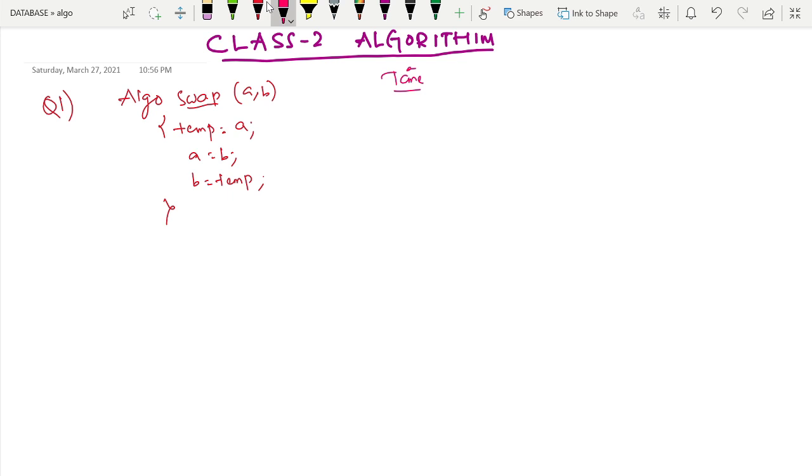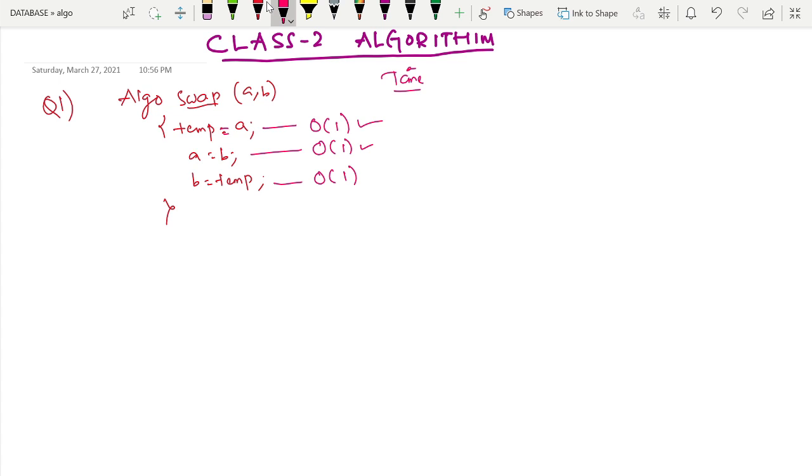Okay, so temp equals to this is a single statement, and this will execute a single time only. So this will take order of 1, like this is constant time. Okay, this line will also execute a single time, so this will also take order of 1. This will also execute a single time, so it will take order of 1.